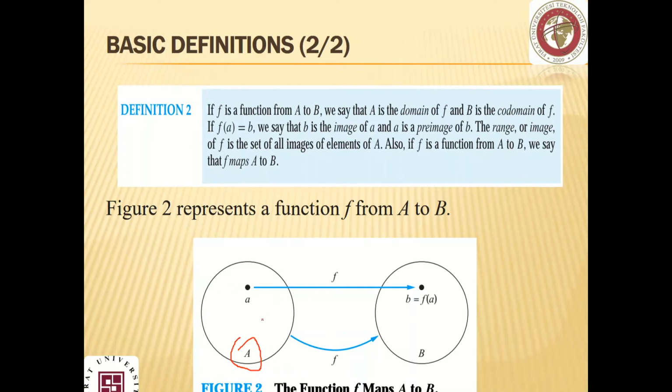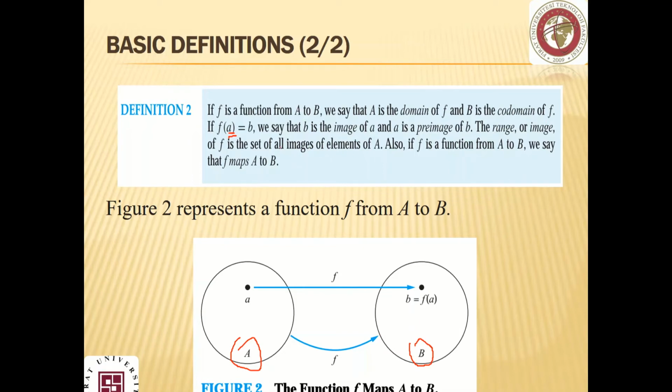The domain is all possible inputs that can be given to the function. Whatever you can input to the function is the domain. And the set of outputs we refer to as the codomain B. From all possible inputs, we get all possible outputs. That's the codomain.